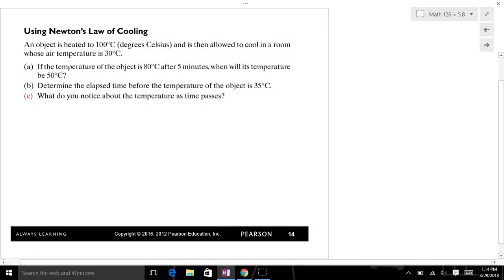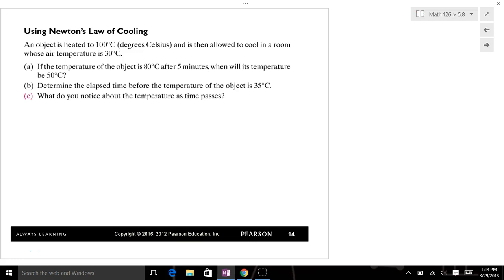An object is heated to 100 degrees Celsius and then is allowed to cool in a room whose air temperature is 30 degrees. So let's imagine you cook your brownies in the oven and they're heated up to 100 degrees Celsius, and then we pull those brownies out and put them on our cupboard, and that room temperature is 30 degrees Celsius.